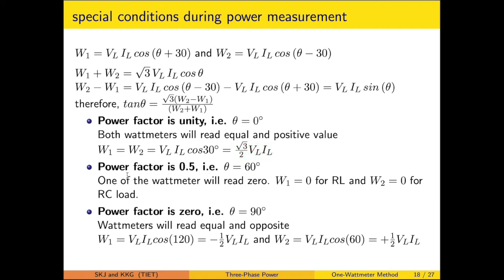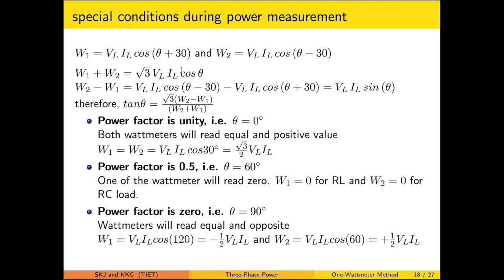There is a special case when the power factor is 0.5. 0.5 means theta is equal to 60 degrees. The power factor can be of lagging nature or of leading nature. Because of this, one of the wattmeters will be reading 0, that is certain. However, which one will be reading 0?